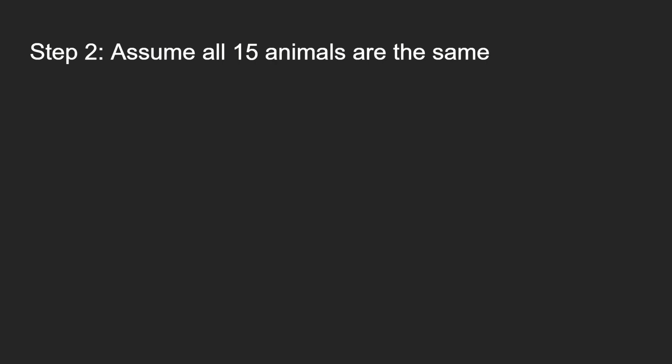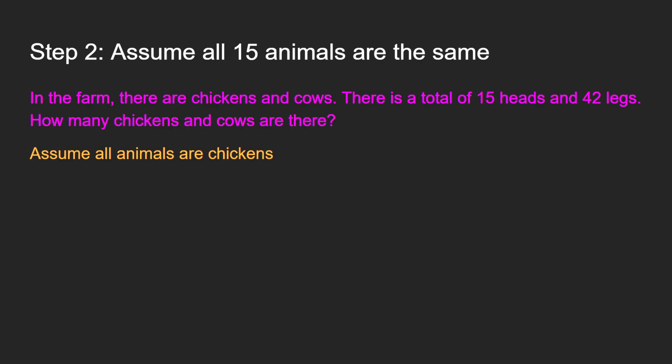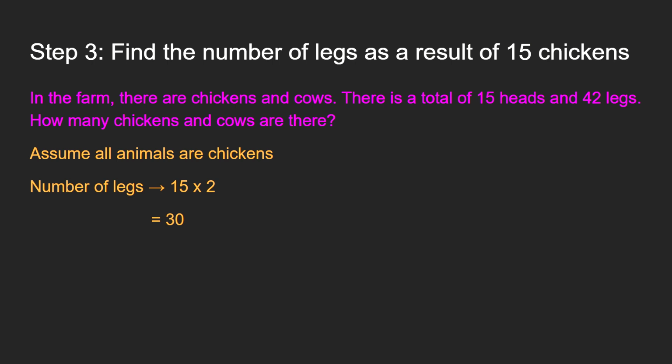So now this is where our assumption method comes into play. We assume all 15 animals are the same kind of animal. So in this case, I assume that all animals are chickens. After doing that, we need to find the result of all animals being chickens. So we find the number of legs that 15 chickens result in, which is 15 times 2 equals 30.